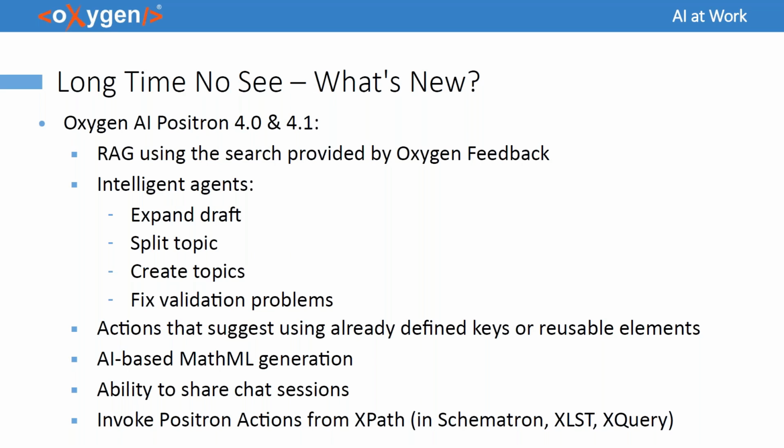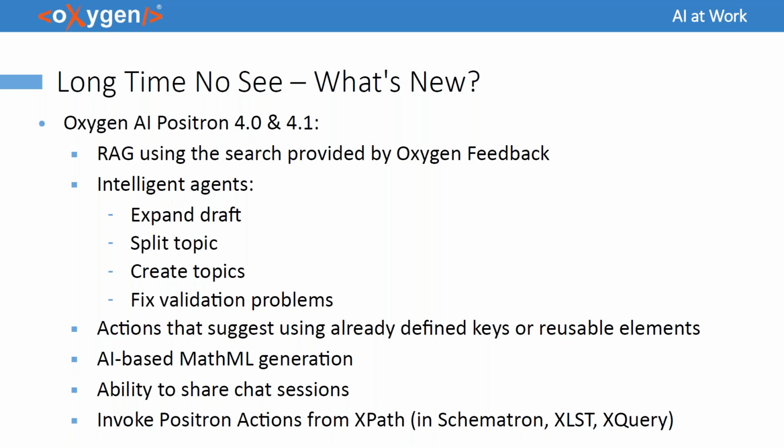We added new actions in other categories as well. We have a new action that suggests using reusable components, or another one for generating MathML based on a text description, which may be helpful for those of you working in, for example, mechanical engineering or maybe aerospace.